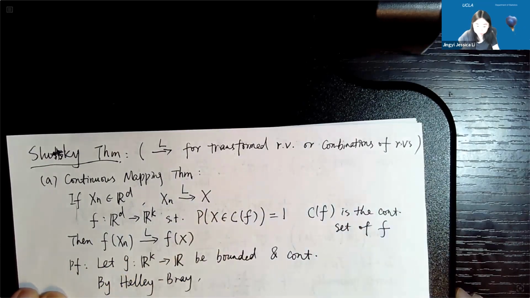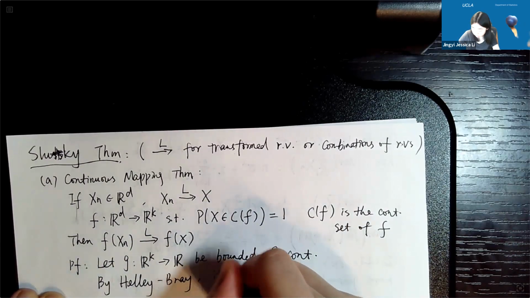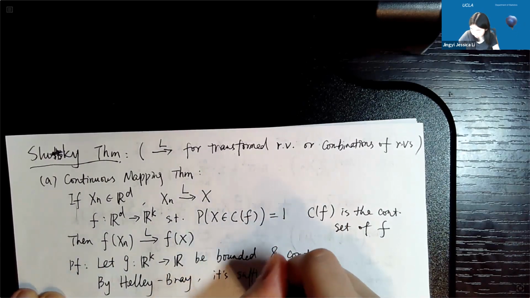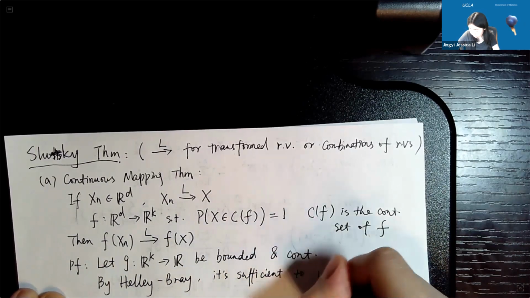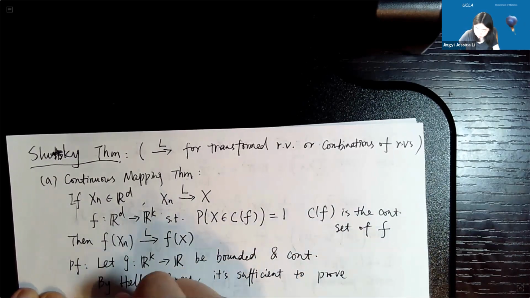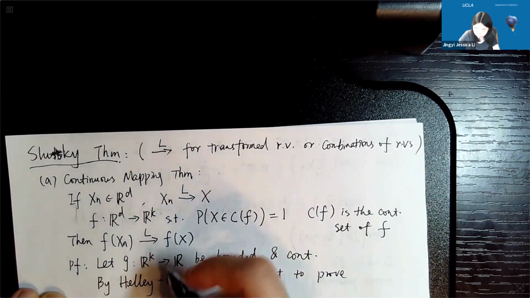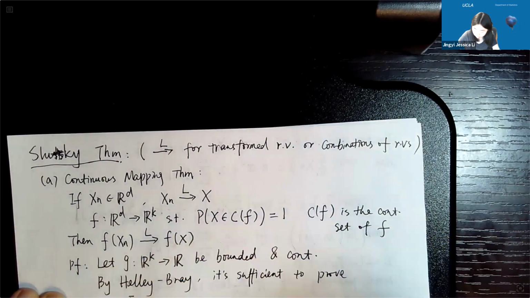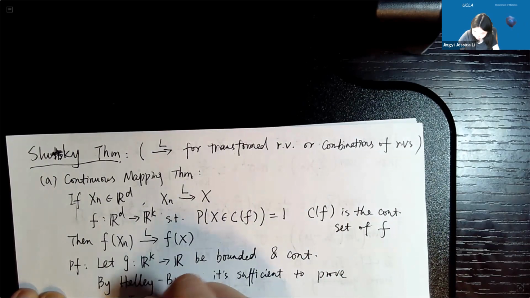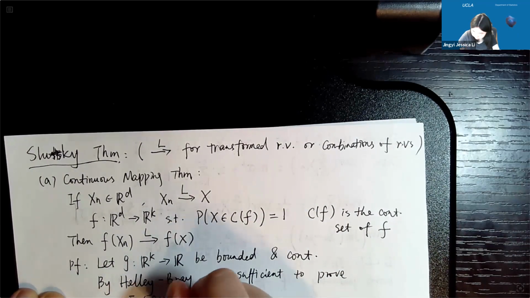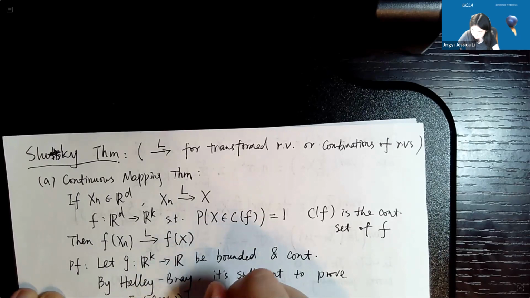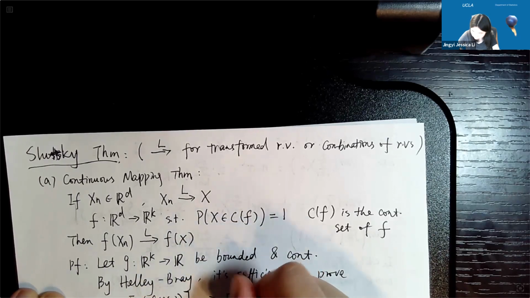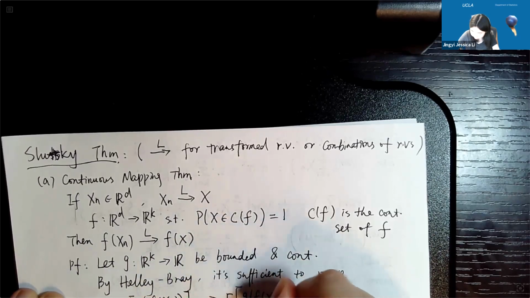we just need to prove that the expectation of G applied to F(Xn) converges to the expectation of G of F(X).